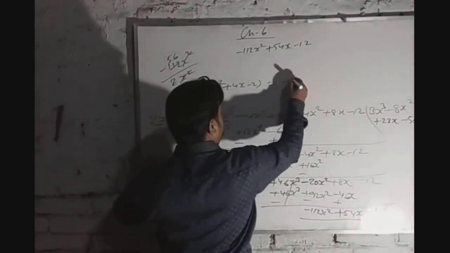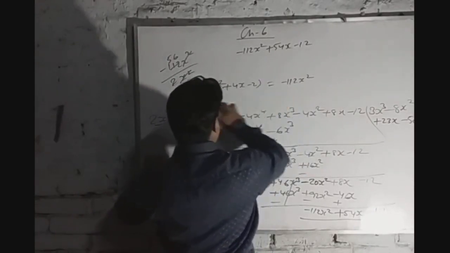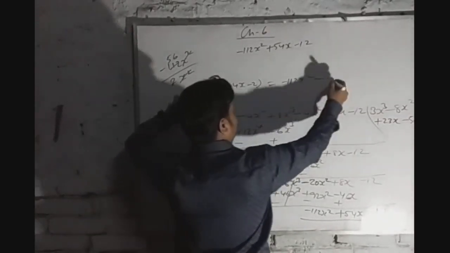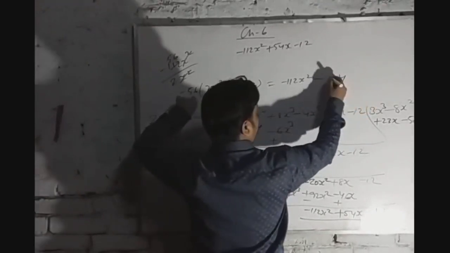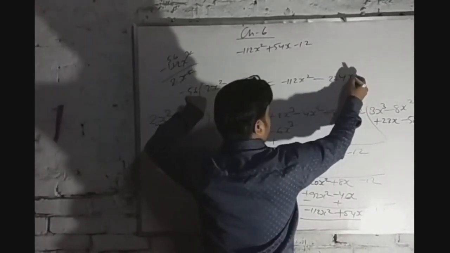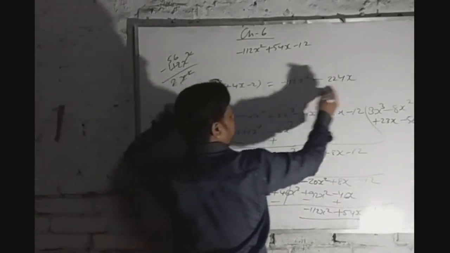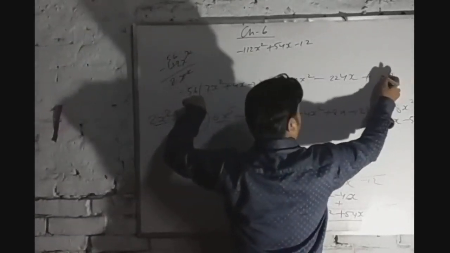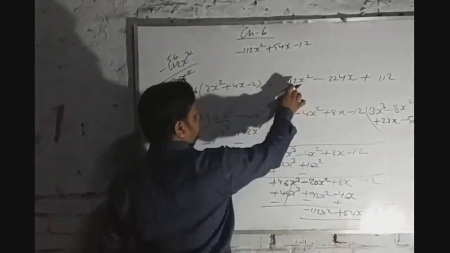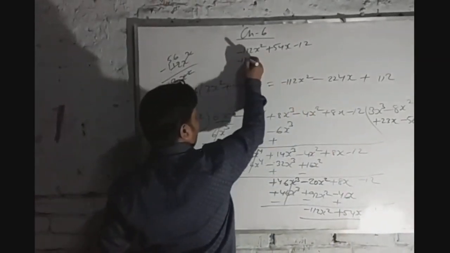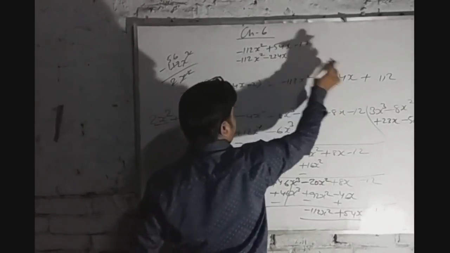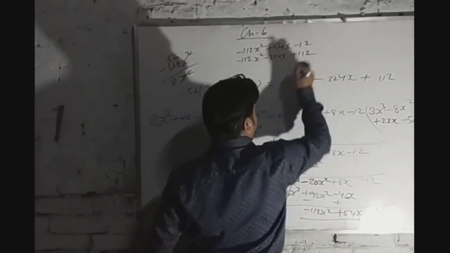It will be minus 112x square, then minus 224x, then plus 112. So at first minus 112x square, then minus 224x, then plus 112.